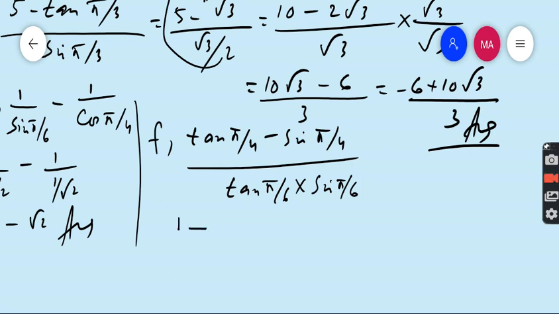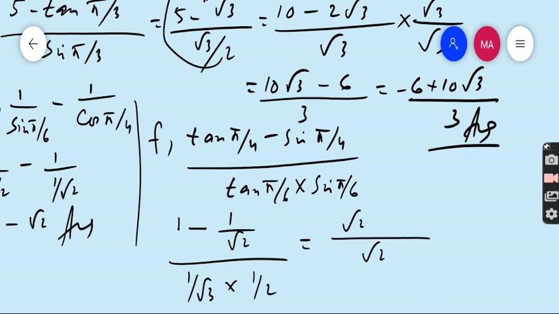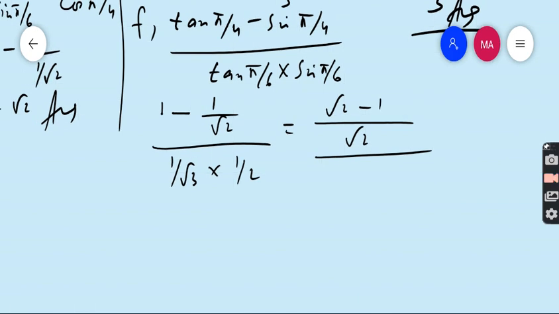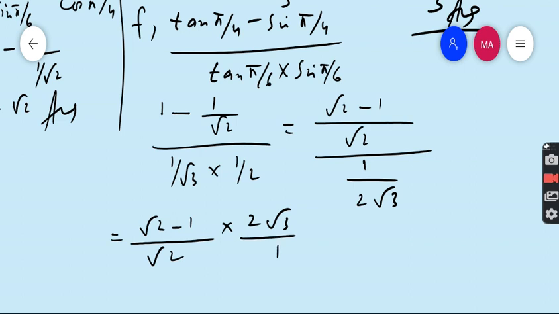Sine pi by 4 is sine 45, which is 1 upon root 2. Tan pi by 6 is tan 30, which is 1 upon root 3. Sine pi by 6 is sine 30, which is 1 upon 2. So 1 minus 1 upon root 2. First take the LCM: root 2 minus 1 upon root 2, upon 1 upon 2 root 3, which is 2 root 3. So root 2 minus 1 upon root 2 multiplied by 2 root 3 upon 1.